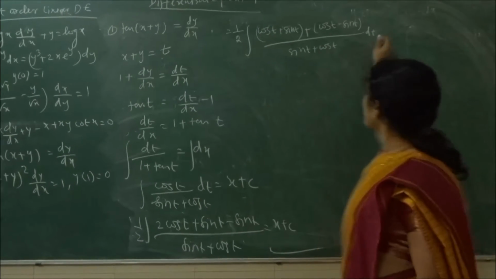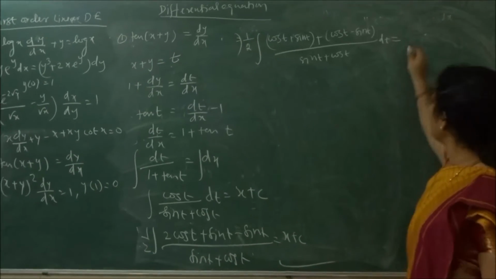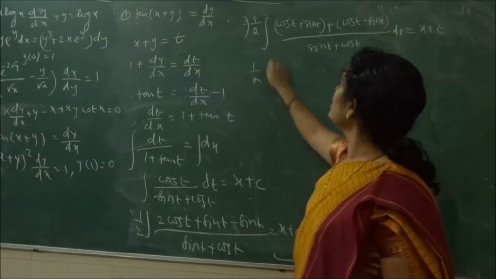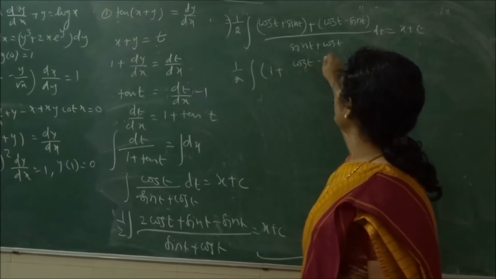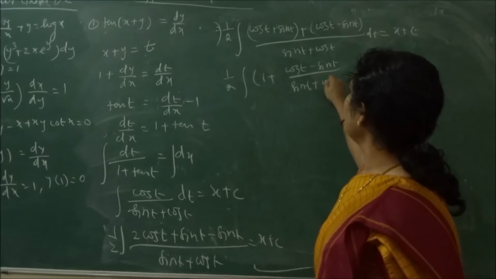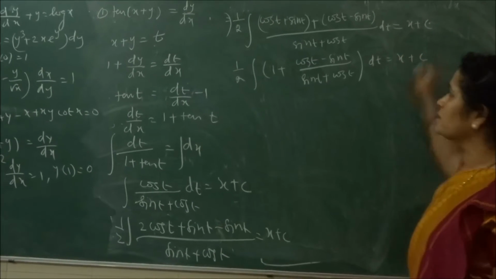Now let me separate. That implies we have x + c. Now this cancels, 1/2 into the integral, that is 1 plus the differentiation of the denominator, (cos t - sin t)/(sin t + cos t) dt = x + c.